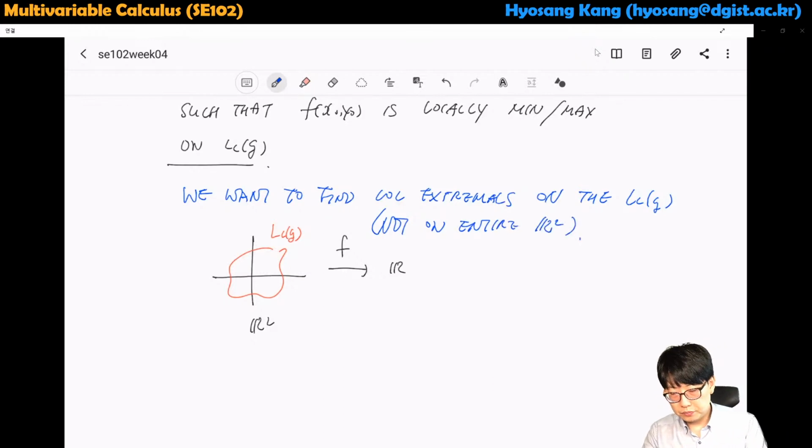In other words, restrict the domain of your function f to the level set of the function g. I will explain why this kind of setup is useful in practice.